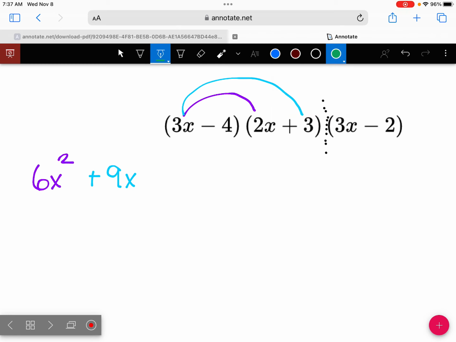Then we're going to have our minus 4 times our 2x, giving us what? And then minus 4 times positive 3.